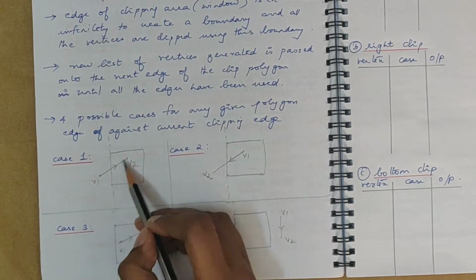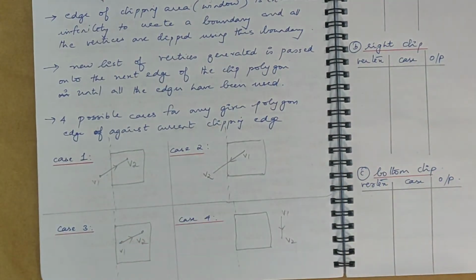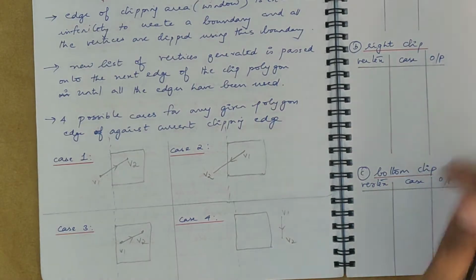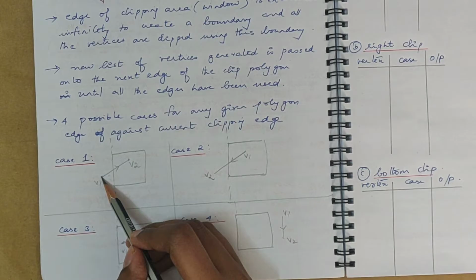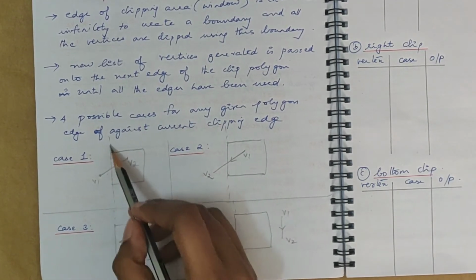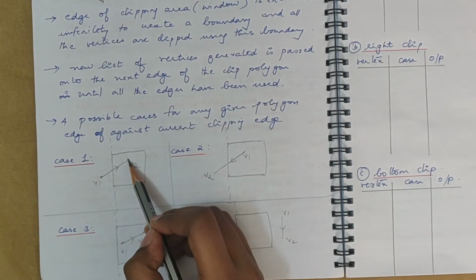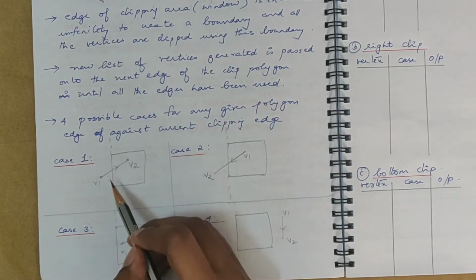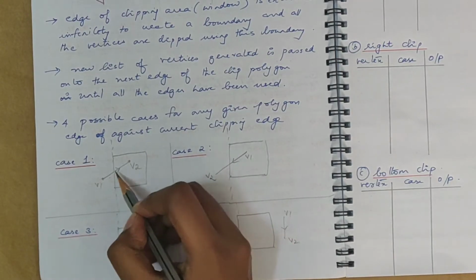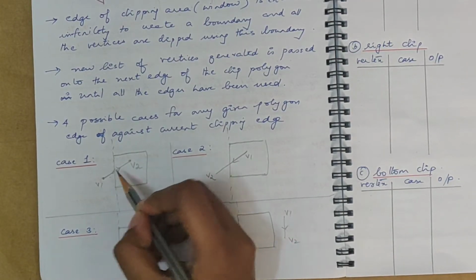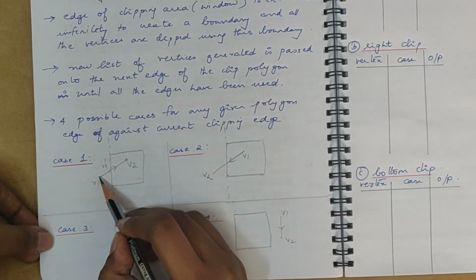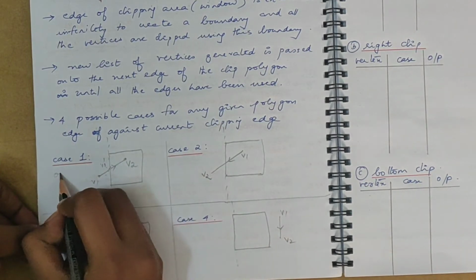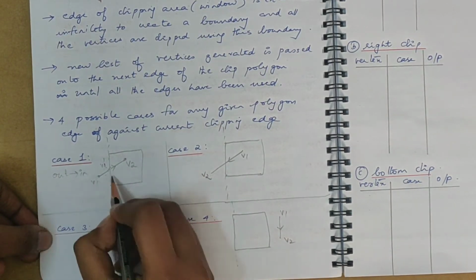If you have an edge of a polygon from V1 to V2 coming like this, the first vertex is outside the clipping edge and the second vertex is inside. The point of intersection here, let me name it V1 dash. This is a case where the edge comes from outside to inside.